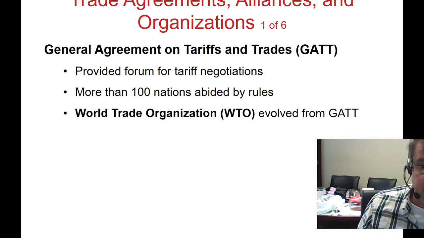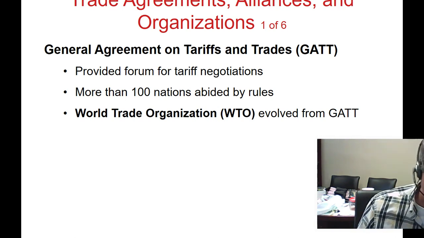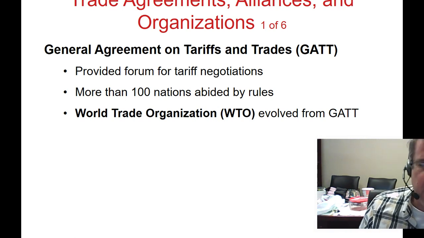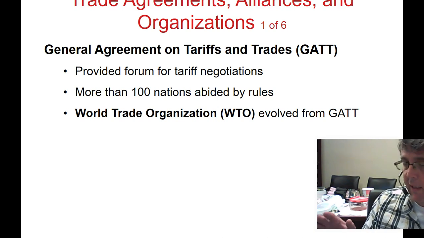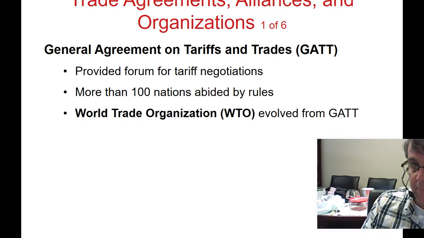Donald Trump has recently threatened to pull us out of the WTO. This is an international organization dealing with the rules of free trade between nations. One of the big problems with the WTO is they make a distinction between developed and underdeveloped countries. Underdeveloped countries are allowed to have certain tariffs and other things that developed countries aren't allowed.